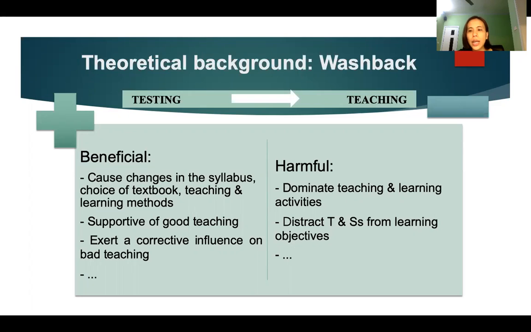However, negative washback can happen. Teaching can be influenced by testing in the way that testing dominates teaching and learning activities, and education will become test or testing oriented, and testing may distract students and teachers from learning objectives.